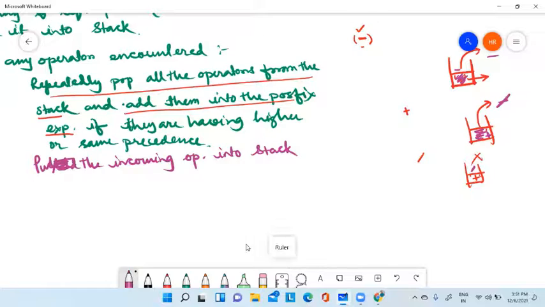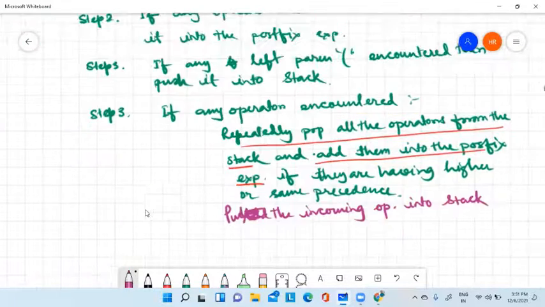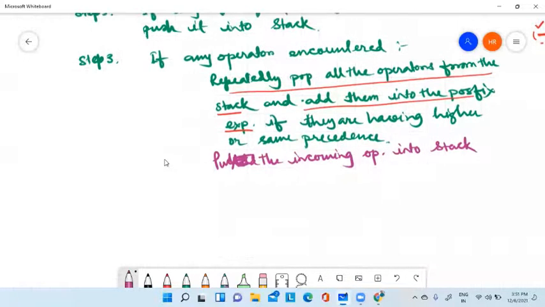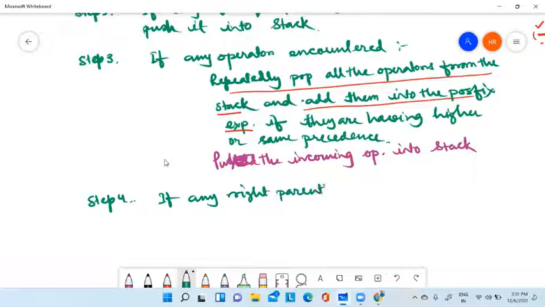Okay, so we have already solved 3 steps: one for operand, another for left parenthesis, and another for operator. Now the next thing is, if any right parenthesis is encountered, then what we have to do?